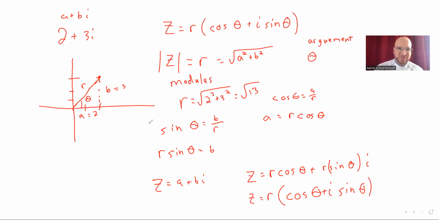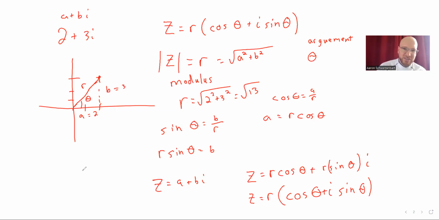And we get those simply by whatever r times sine theta is going to give me the b. So let's finish putting my 2, 3 in there. We got the modulus, square root of 13. To get my angle here, I'm going to use inverse tangent. This is in a quadrant where inverse tangent is going to work for me. I just have to calculate that here for a second.